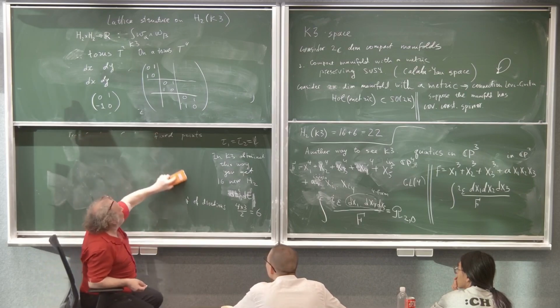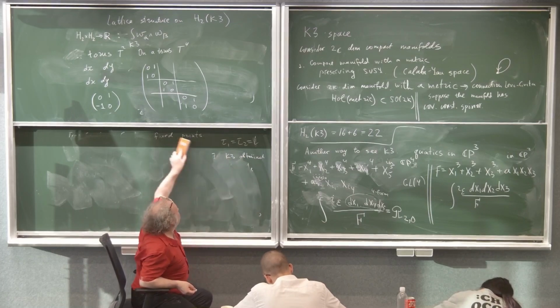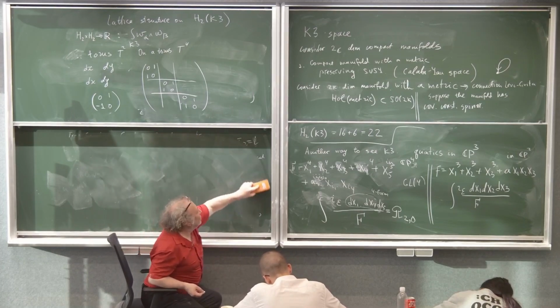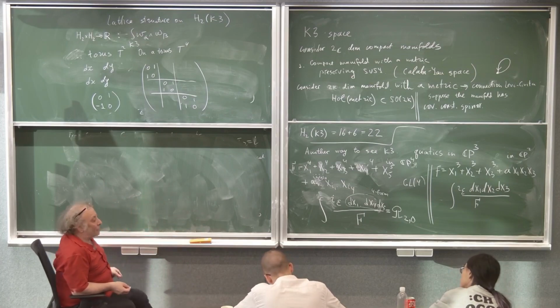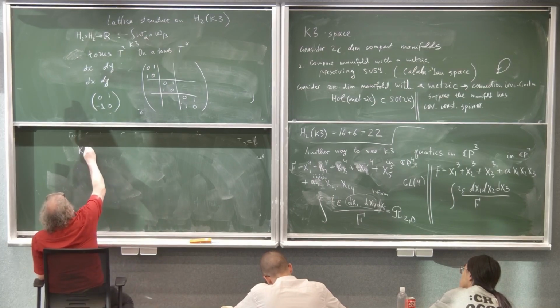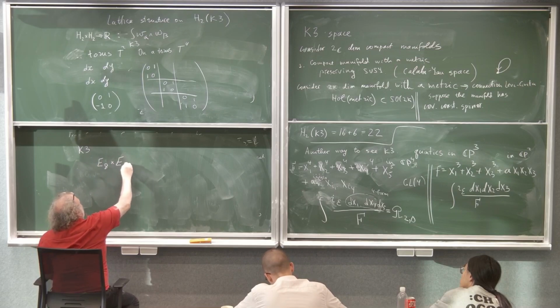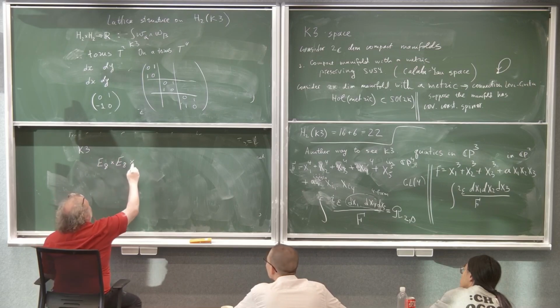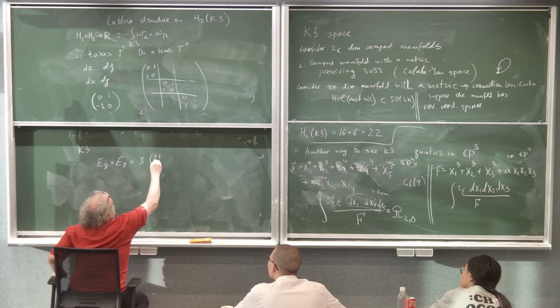Now, it's interesting to see what happens for the K3 manifold. For the K3 manifold, the answer is E8 times E8 times 3 forms of the type 0, 1, 1, 0.